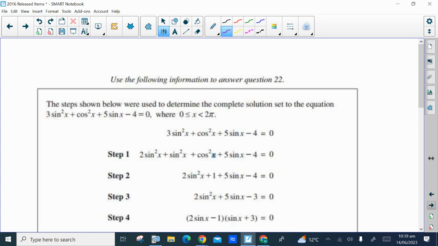Next question. The steps shown below were used to determine the complete solution to that equation. The first recorded error is in what step? So the first thing you would recognize in this case is that you have two different trig functions represented. You have a sine squared and a cos squared and a sine. So I would want to put everything in terms of sine here, which I can do by replacing this cos squared x with 1 minus sine squared x. So this will leave us with 3 sine squared x plus cos squared x, which is 1 minus sine squared x.